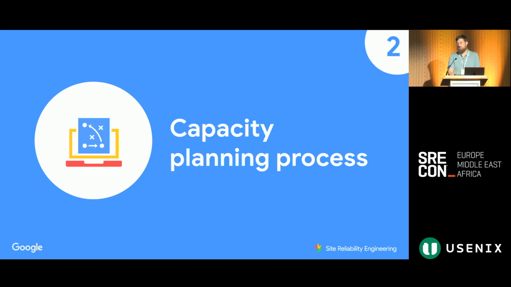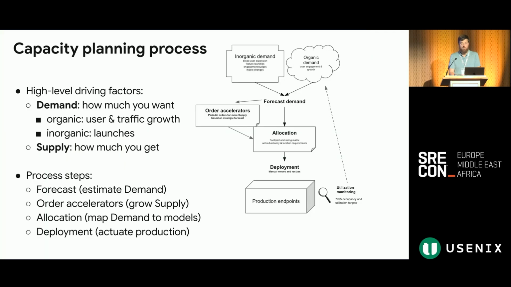So what is capacity planning? It's basically making sure that you have enough compute resources available for the demand that is coming into the system. So demand here is users bringing requests. You can forecast the demand to some extent, and then you make sure that you have enough supply available.